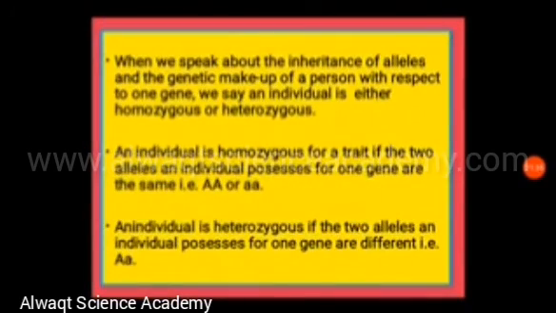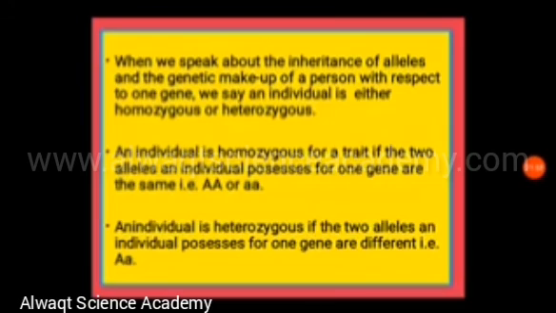So when we speak of inheritance of alleles or genetic makeup of an organism with respect to a particular trait, we usually talk of an individual being homozygous for a trait or heterozygous for a trait.